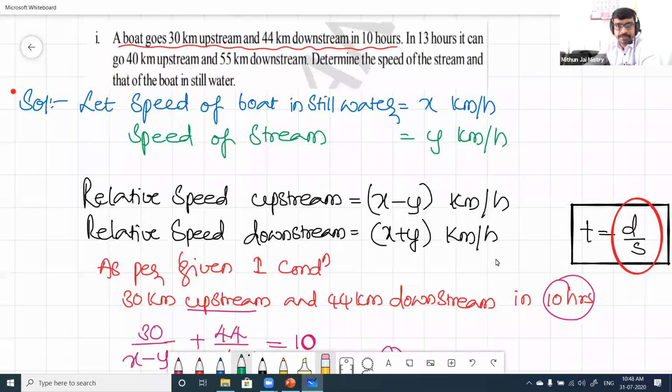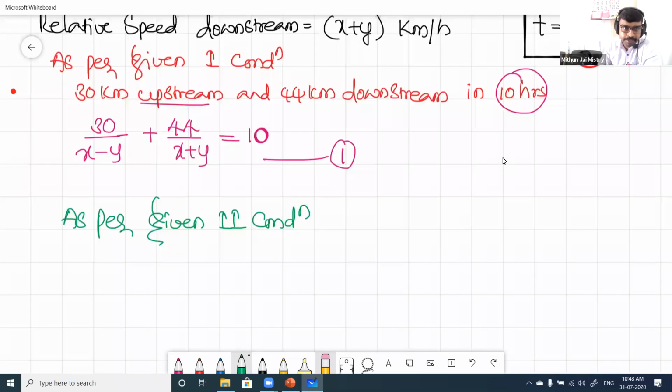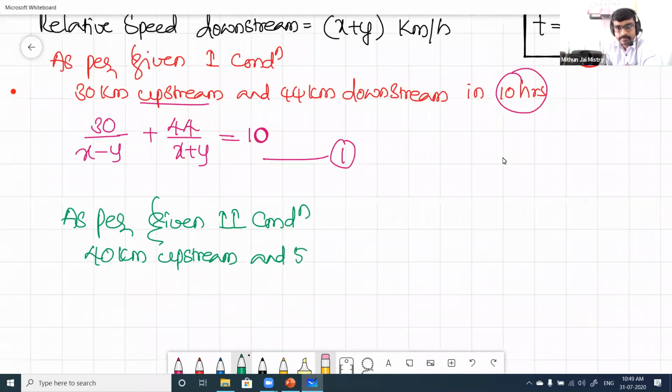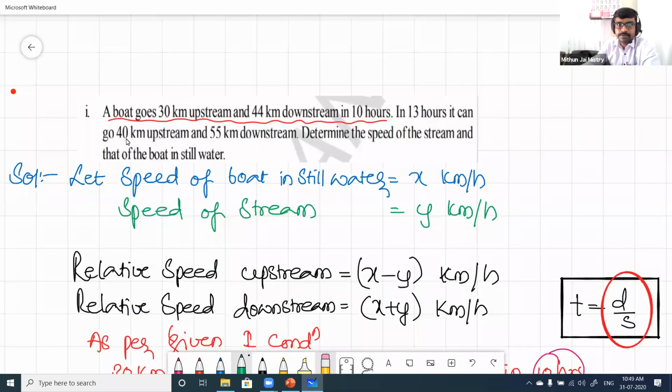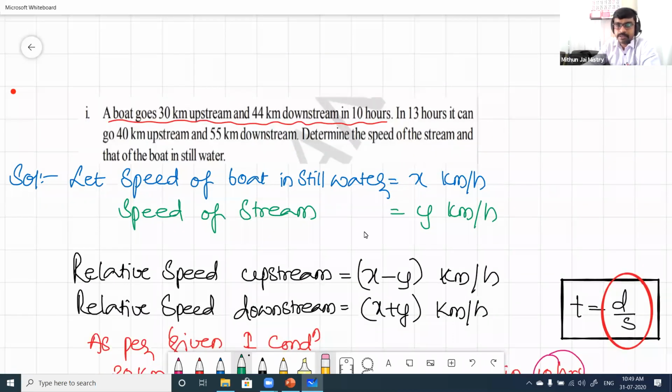So let me write here, 40 kilometer upstream and 55 kilometer downstream in 13 hours. Now 3 hours more it has taken. Distance also more, no? Let me check once again. Yeah, 40 kilometer upstream and 55 kilometer downstream.